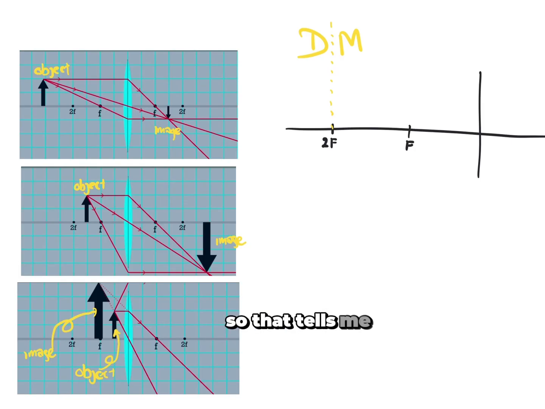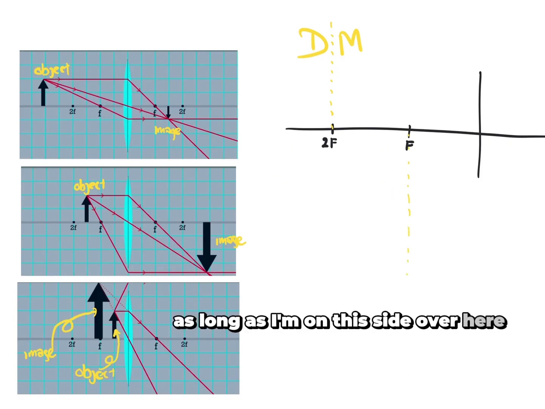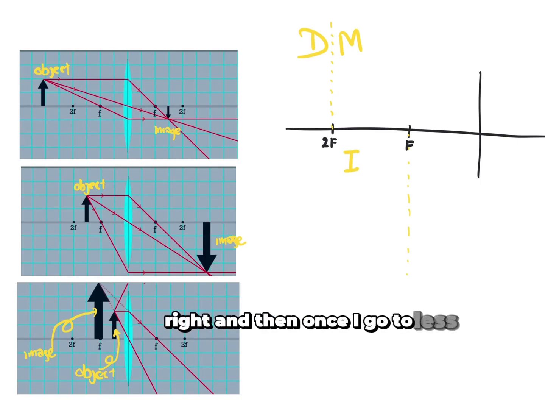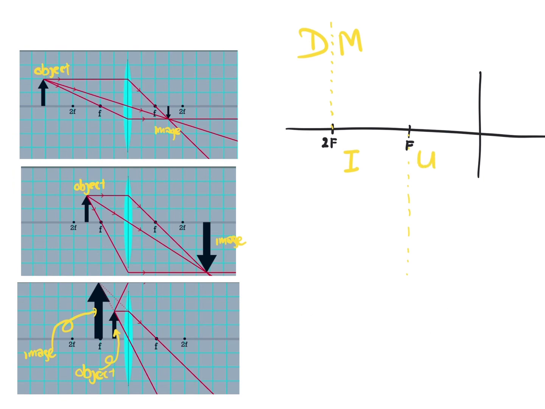So that tells me that there's another zone over here. As long as I am on this side, all the images I would get would be inverted, right? And then once I go to less than F, all my images will be upright.